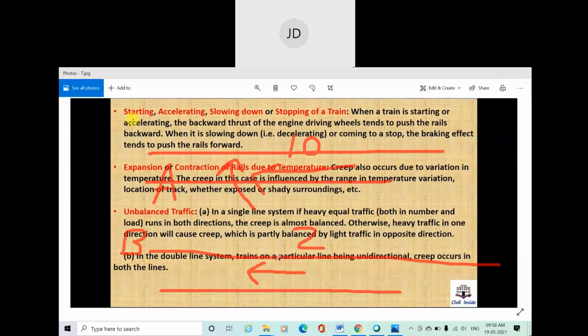That means it also depends on the traffic, meaning how many trains move in a day along a railway track.